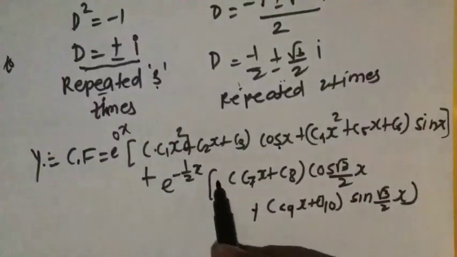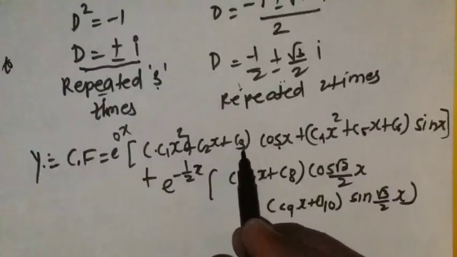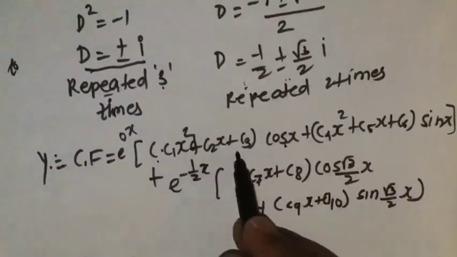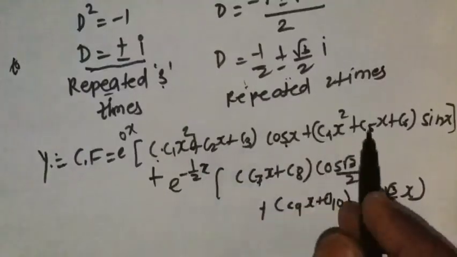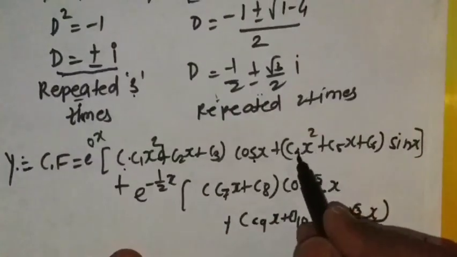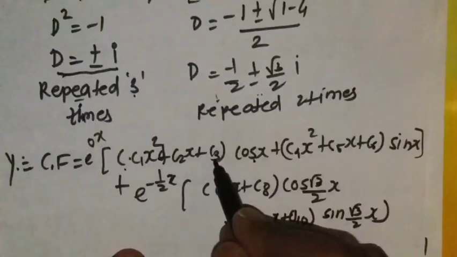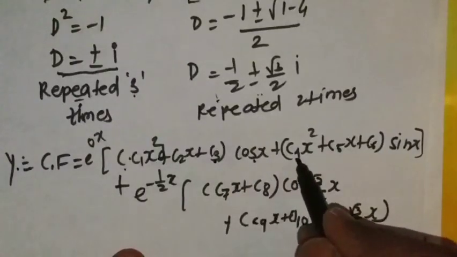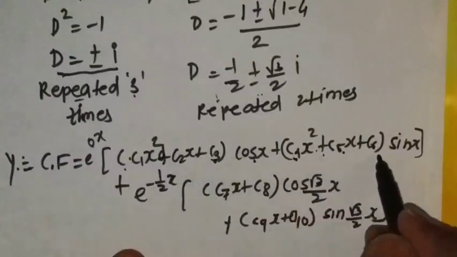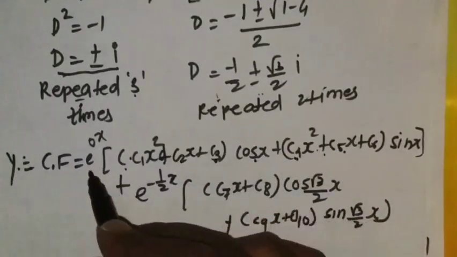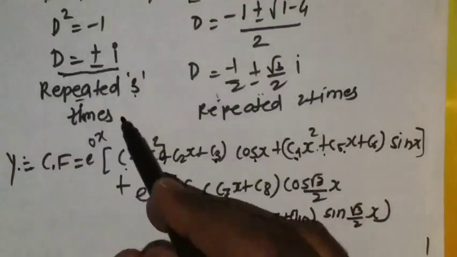Whenever a root is repeated 3 times, we have this type of constants in the coefficient, c1x square plus c2x plus c3. Up to 3 we have reached here, then it starts from c4x square plus c5x plus c6. So total 6 constants are given. This completes the solution for the first pair of roots.